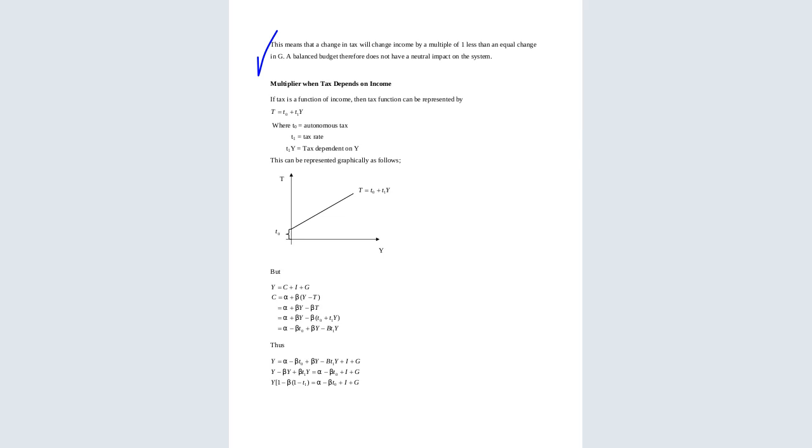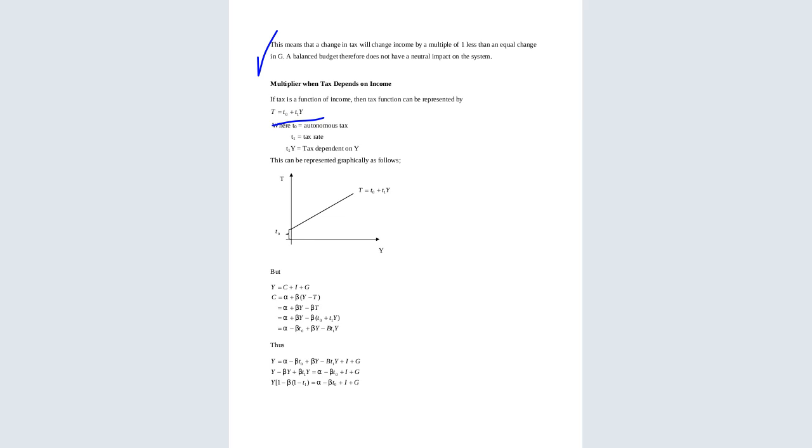So we can also compute the multiplier in this case. Now, when the tax depends on income, the tax is given as the autonomous tax, and then the one that depends on income, that is t1 Y.